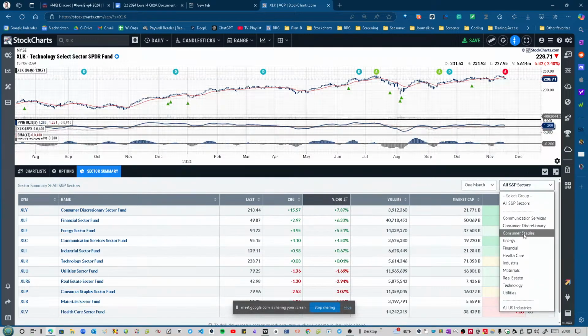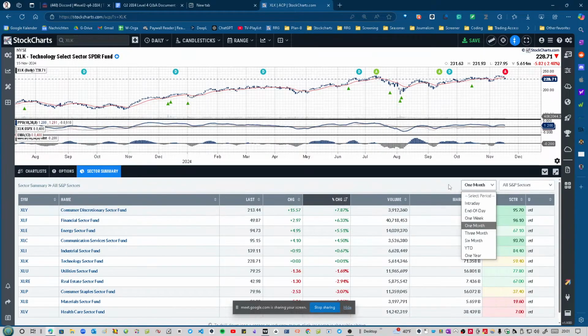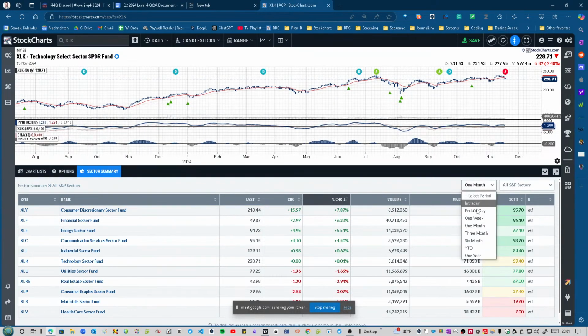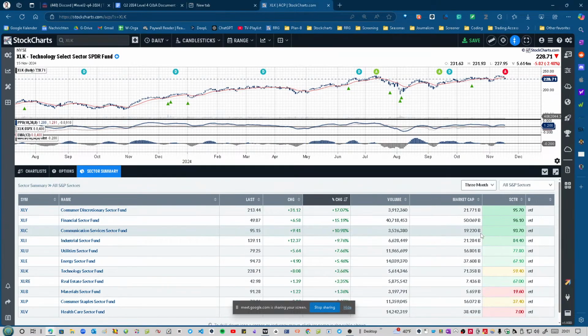You can also look at communication services, and then you see the branches in the communication services sector. You can also look at the 3 month performance, and see how the sectors performed over the last 3 months.